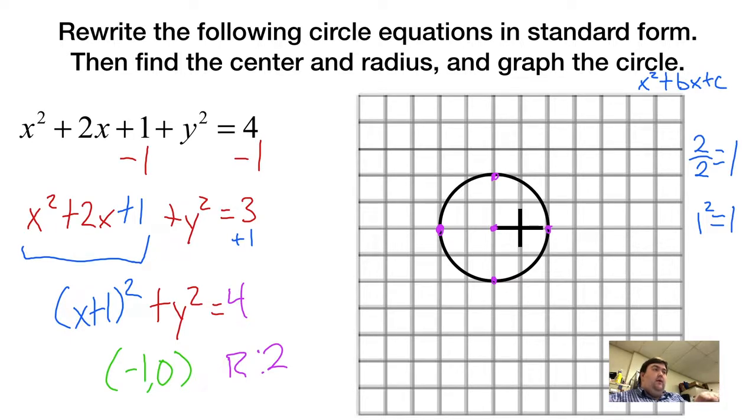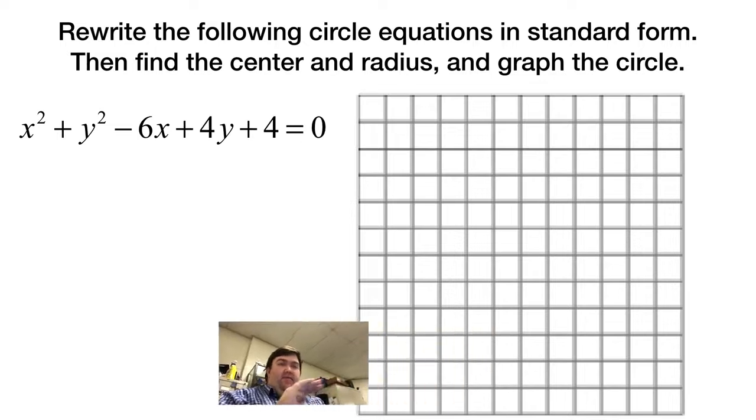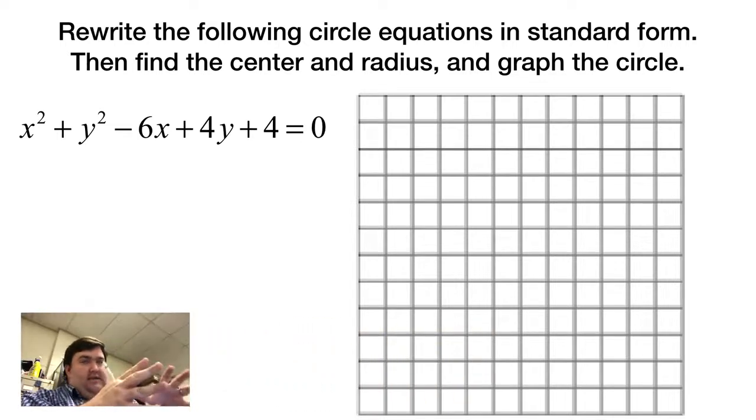Now let's do one more. This one's a little bit harder because you can already see, first things first, I want to get rid of that 4. Move it out from where it is. I don't like that. That's the reason why we didn't do that last time. I just like everything being on the other side until I need it. So -4, -4. Now you'll notice x and y are both being squared, which means we get to keep them, unlike in parabolas where only x was squared, so the y's had to move over.